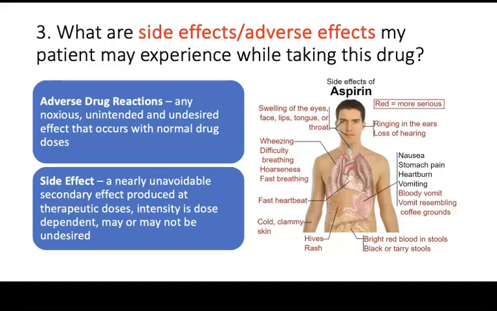Another important thing to think about for aspirin is that it can cause significant gastrointestinal bleeding. We could have emesis with bright red blood, or coffee ground appearance of the emesis, which is hematemesis, or black stool that is representative of melena, or maroon blood that is hematochezia. People can have nausea, stomach pain, heartburn, or vomiting associated with that.